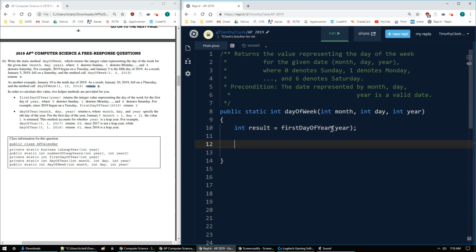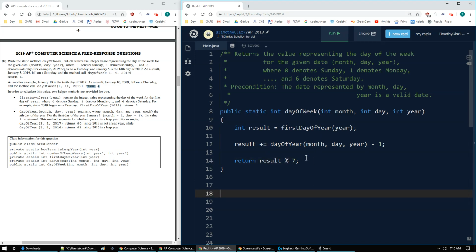The next thing I want to do is add to it the dayOfYear. I'm just passing along the month, the day, and the year. But then I had to remember to subtract that 1. And then I just had to return the result mod 7.